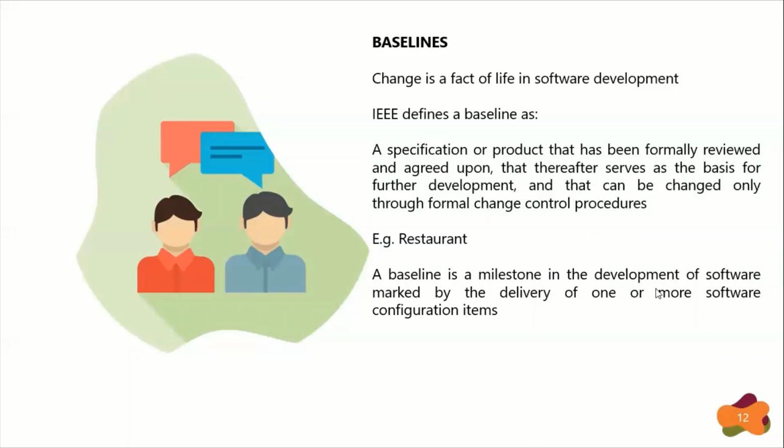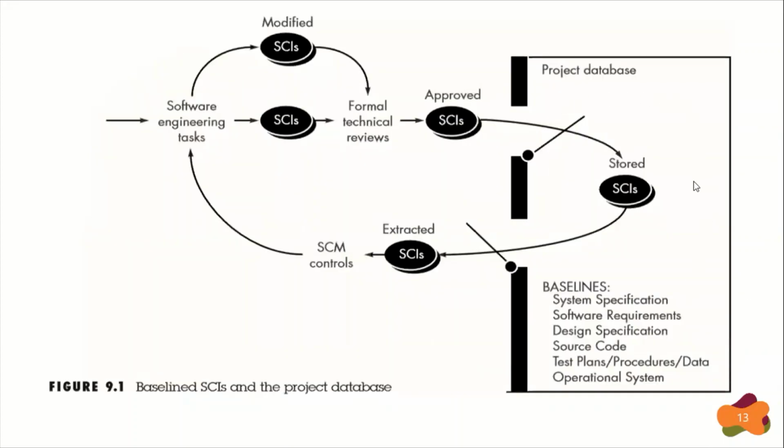When you achieve something in the development of software, we call it a milestone. So the initial version of a software, we call it a baseline, and it happens by the delivery of one or more software configuration items. Approval of these SCIs is obtained through a formal technical review. So people sit together to approve the changes to the software configuration process. Here we have a section called the project database, which is going to store our system specification, our software requirement specification, our design specification, our source code, our test plan, and everything.